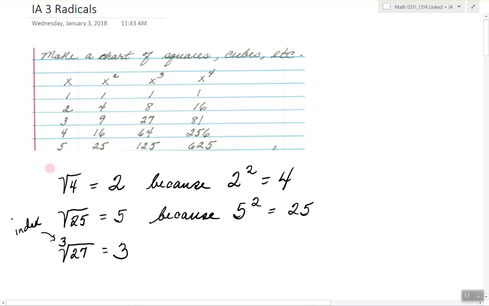When there is no index, it's implied to be a 2. So the cube root of 27 is 3 because 3, that's the base, to the 3rd power is 27.